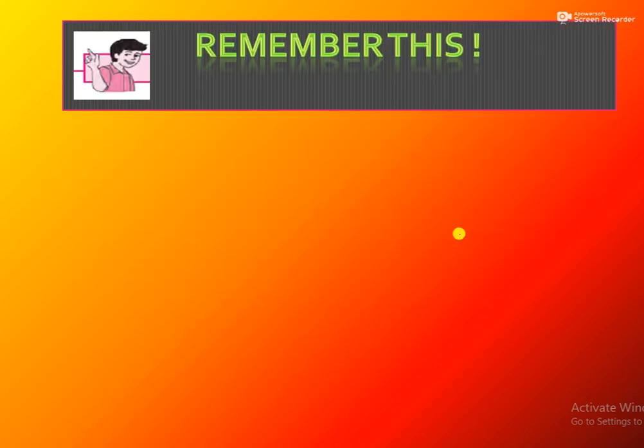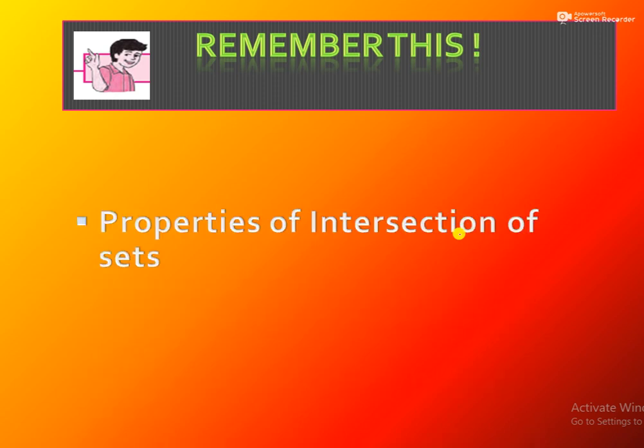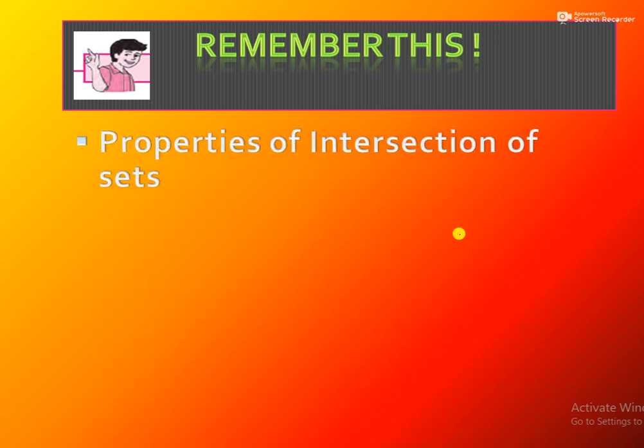So students, remember some properties based on intersection. The first one is A intersection B is equal to B intersection A. This is the commutative property. That means the common elements of A and B are the same as the common elements of B and A. Just like a plus b is equal to b plus a, the answer will be the same.